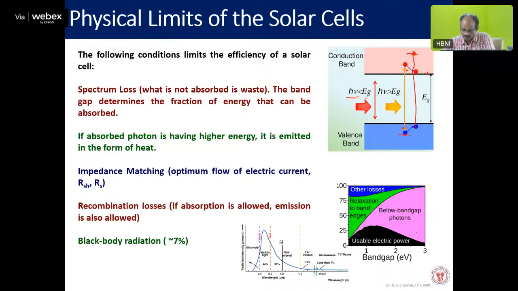So if we summarize all these losses for different band gaps, this depends on the band gap of the material. If you have a material with a band gap of typically 1.3 to 1.4 electron volt, then you can have the maximum power, which is nearly 25%.